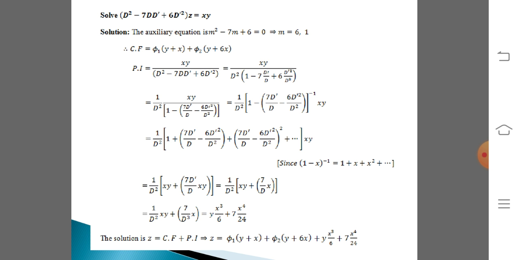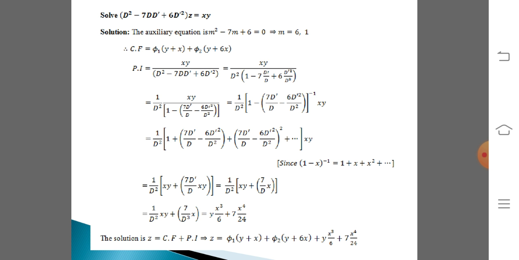So D dash square stands for dou square by dou y square. D dash stands for dou by dou y. D dash square means second order derivative with respect to y. So the function given is xy. If you differentiate xy with respect to x once, you get y. Similarly, if xy is differentiated partially with respect to y, the value is x.